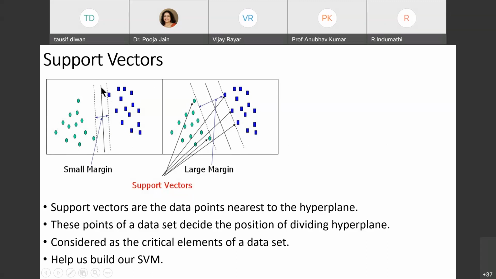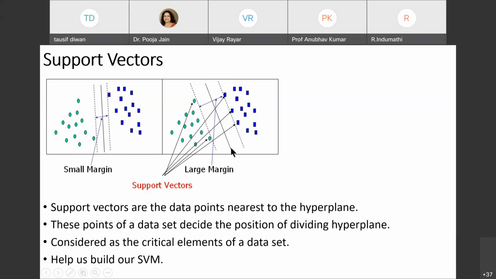If we take this line, we need to draw two parallel lines parallel to this discriminator. This line is touching this sample, and this dotted line is touching this sample. The distance from this dotted line to the other dotted line is known as the margin. Now just look at this.